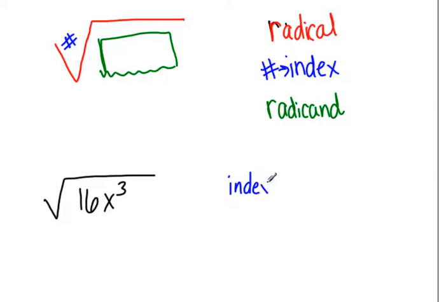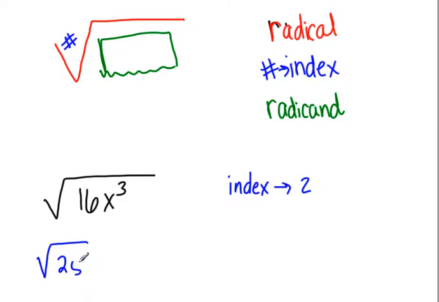No. Index is 2. If you have a radical sign without an index number, it is always a 2. Are you with me? Why? It's the square root. What did we say?